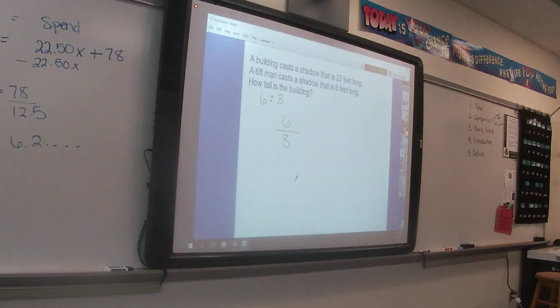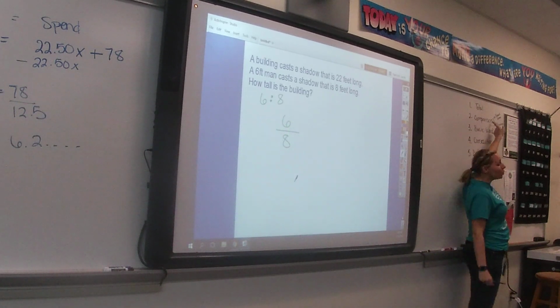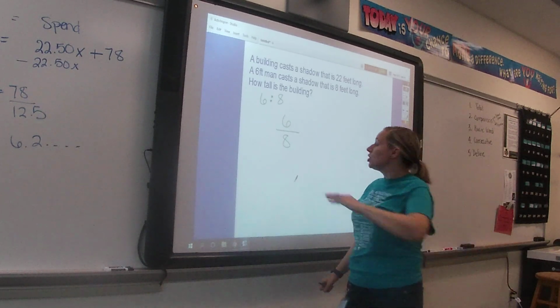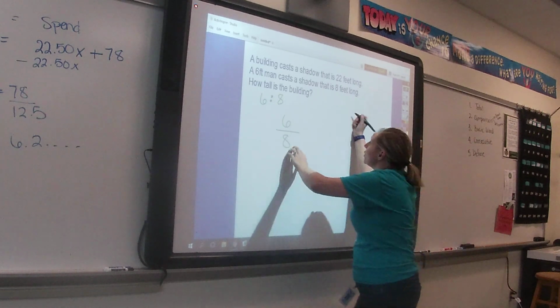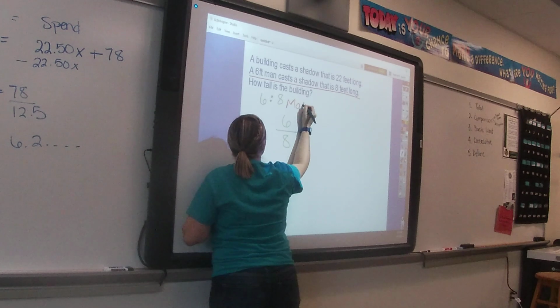So basically what a proportion is allowing us to do today is talk about a comparison story problem that includes division. So all of this info over here on the left side is going to be info that pertains to the man.